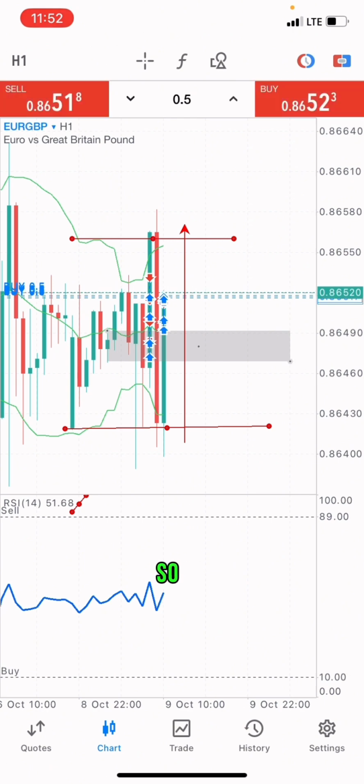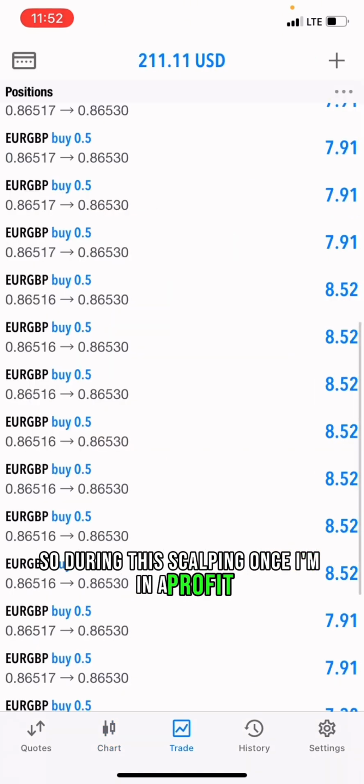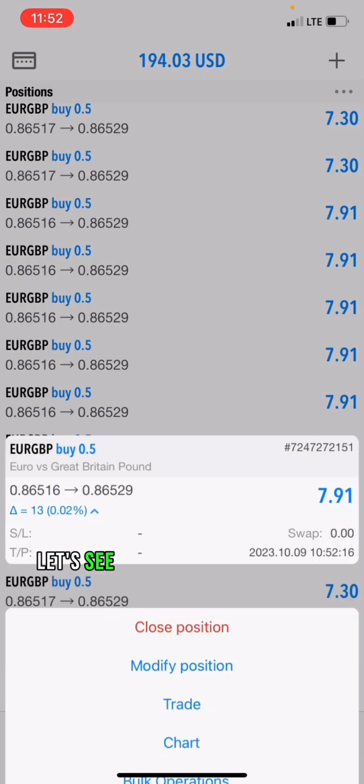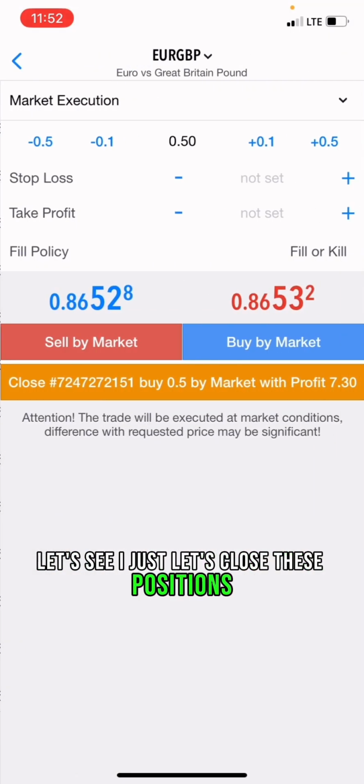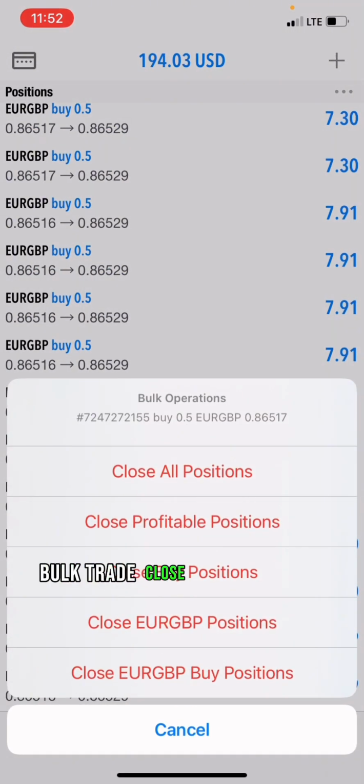I'm not using the automatic stop loss, I'm using a manual stop loss. Remember, I'm scalping this trade. During this scalping, once I'm in profit, let's close these positions. Close all.